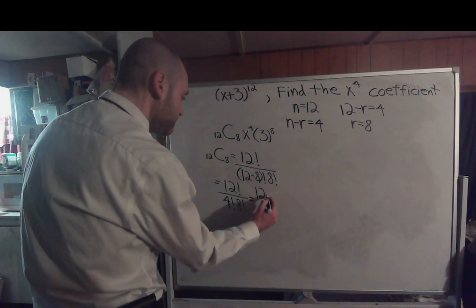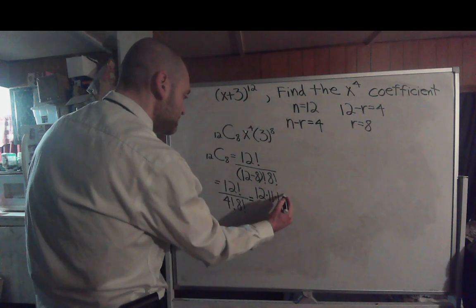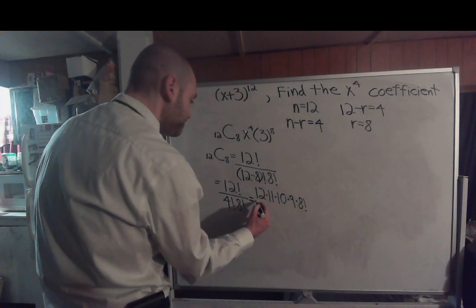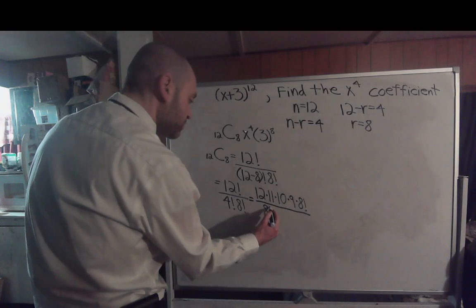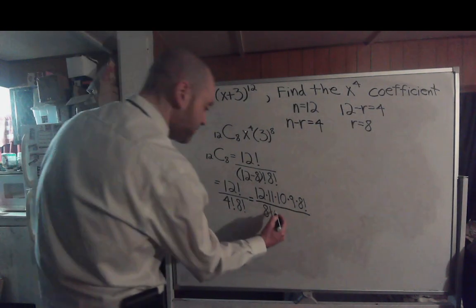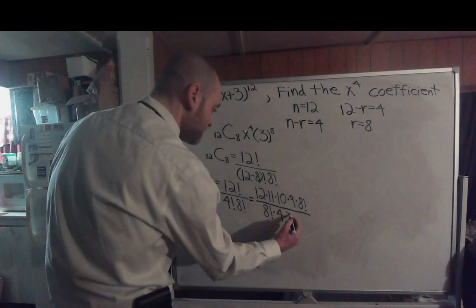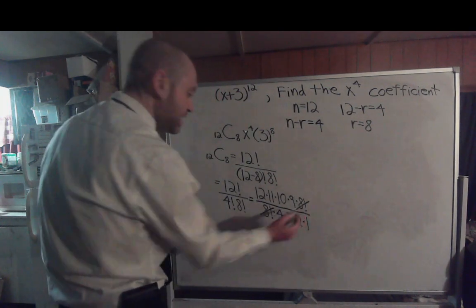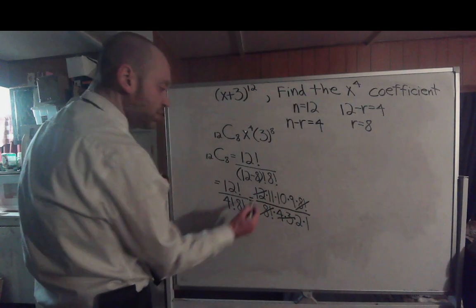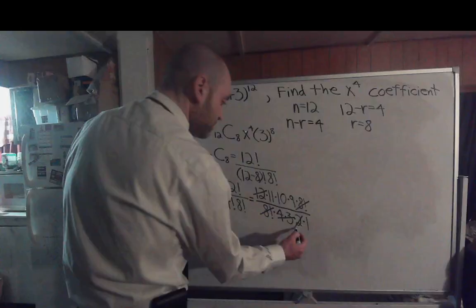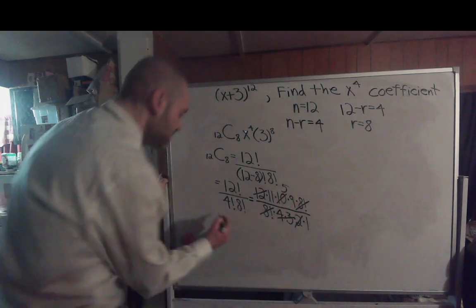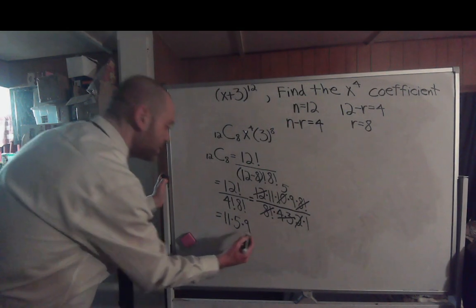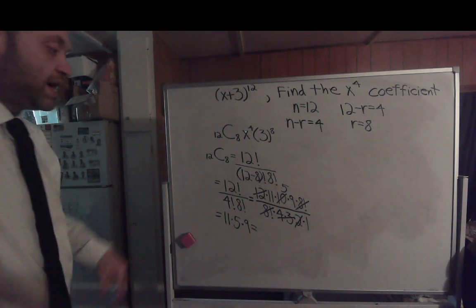We'll have 12 times 11 times 10 times 9 times 8 factorial all over 8 factorial, then expand out your 4 factorial, which will be times 4 times 3 times 2 times 1. Well, your 8 factorials will cancel. 4 and 3 will both go into 12 and cancel out. 2 goes into 10 5 times. So what you're left with is 11 times 5 times 9, which should give you the value of that combination.